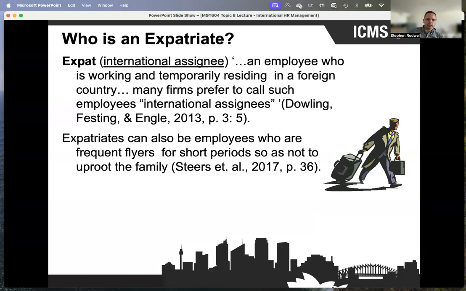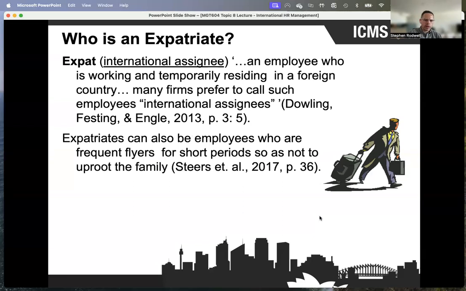Expatriates can also be employees who are frequent flyers for short periods so as not to uproot the family. Certainly initially, sometimes when we're sending people over, we might say, well, we'll send you there potentially even for the working week. So if I've got an employee in Sydney and I want them to work in New Zealand, especially in Auckland, for example, it's a 3-hour flight away.